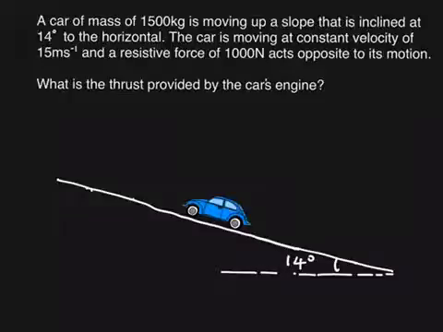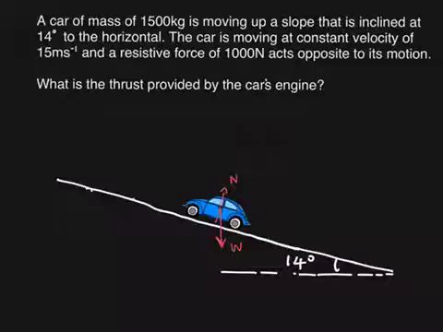Now, as we can see in the diagram below, it shows the car moving up the slope. It will be good for us to label the forces acting on the car. So, we have the weight of the car, which is acting vertically downwards. And then we have the normal contact force, which is perpendicular to the surface of the road.